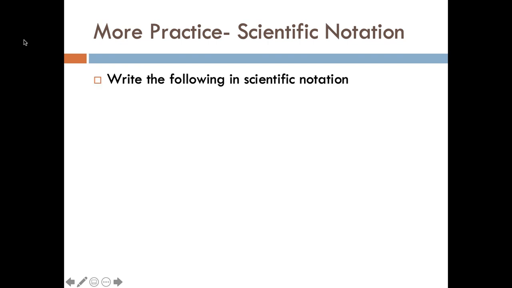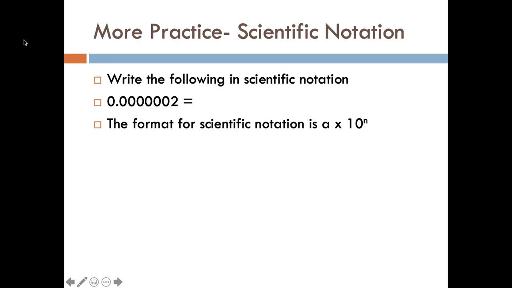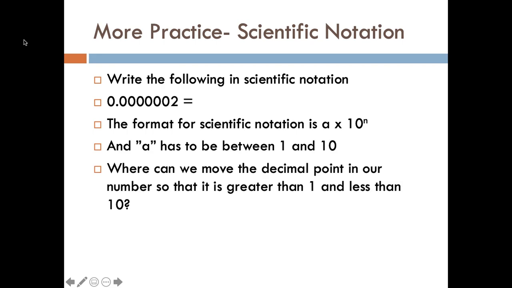And the notes also have a couple of scientific notation practice problems on here. The first one is to write this number in scientific notation. We've got 0.0000002. The format for scientific notation is a times 10 to the nth, and a has to be between 1 and 10. So where can we move the decimal point in our number so that it is greater than 1 and less than 10?